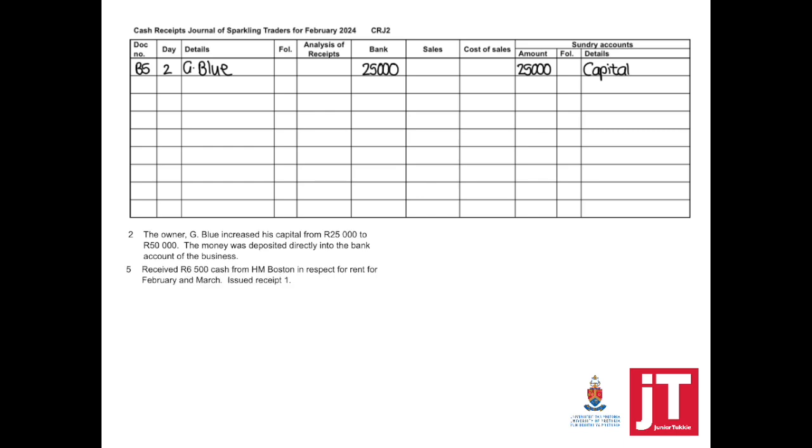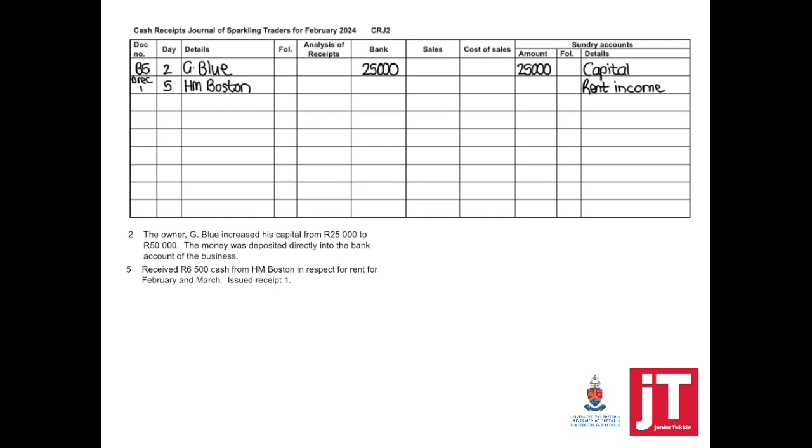Day 5, received 6,500 cash from HM Boston in respect of rent for February and March. Issued receipt number 1. So the source document applicable would always be duplicate receipt number 1. Why duplicate? Because the business keeps the duplicate, the customer will get the original.